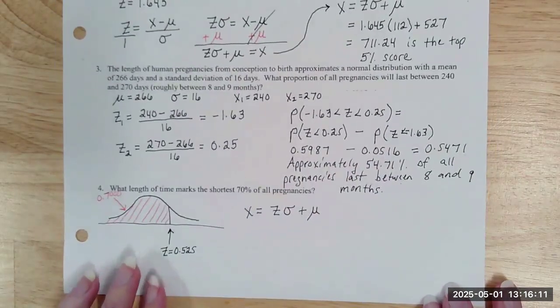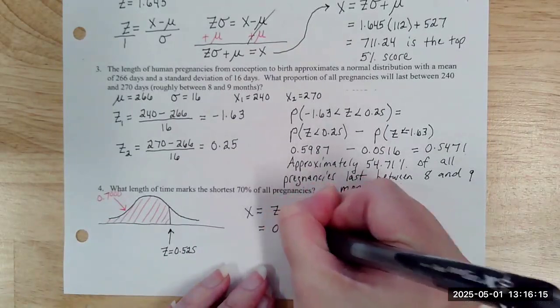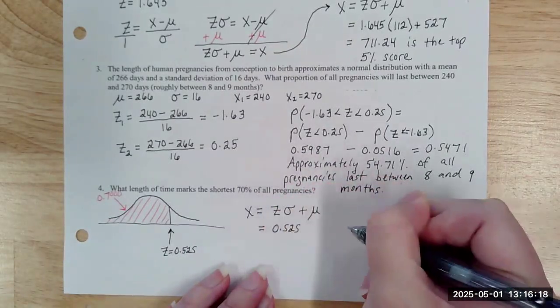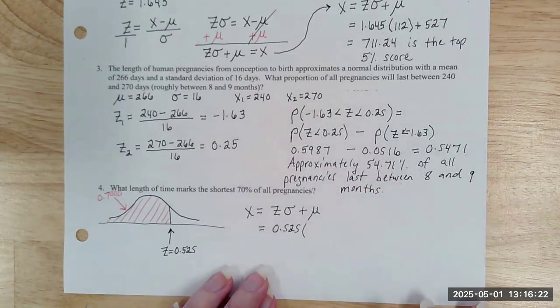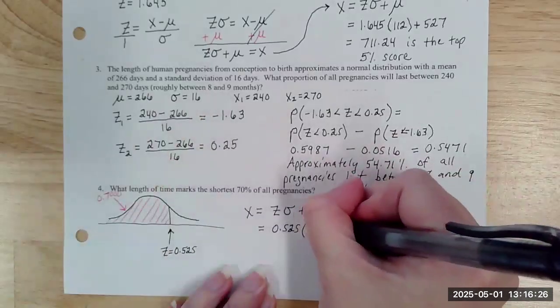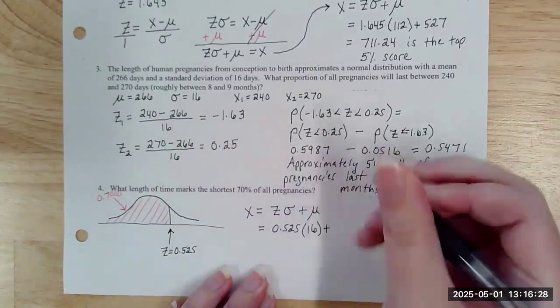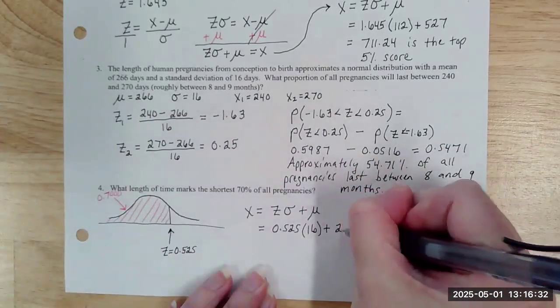Okay, so our z-score is 0.525. We're going to multiply that times our standard deviation. We said the standard deviation was 16 days. And we're going to add that on to the mean we said was 266 days.